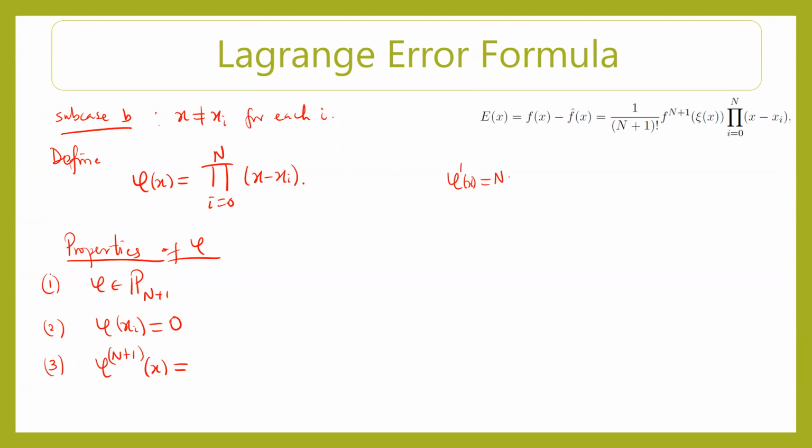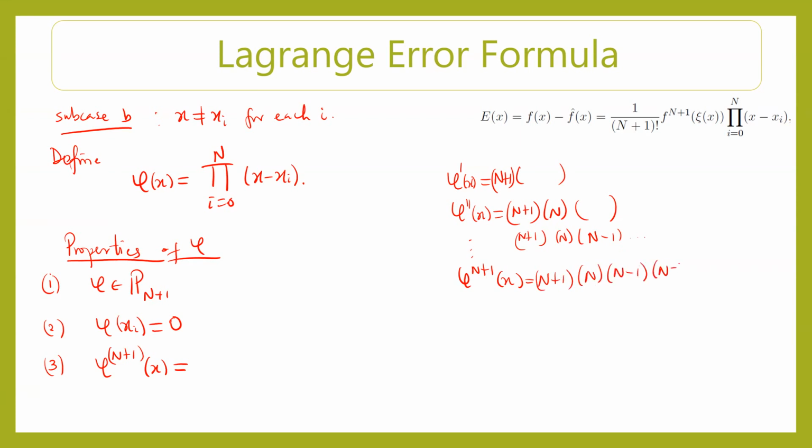I'm talking of the coefficient now of some function. The first one would be n plus 1. The next one will be n plus 1 times n of some function. If you continue this way and you go to the (n+1)th derivative of phi, you realize that what you get will be n plus 1 times n times n minus 1, and so on, until you get to the last one, which is 1.